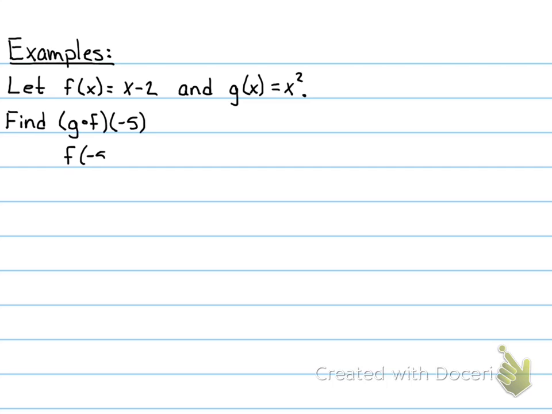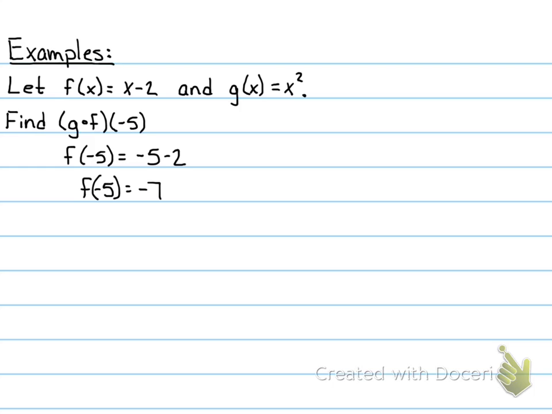So I'm going to write f of negative 5 equals, what I'm going to do is substitute in that negative 5 everywhere I see an x for the function f. So if I substitute in the negative 5 for the x, that gives me negative 5 minus 2, which we all should know is a negative 7. So that was my result of the first function.